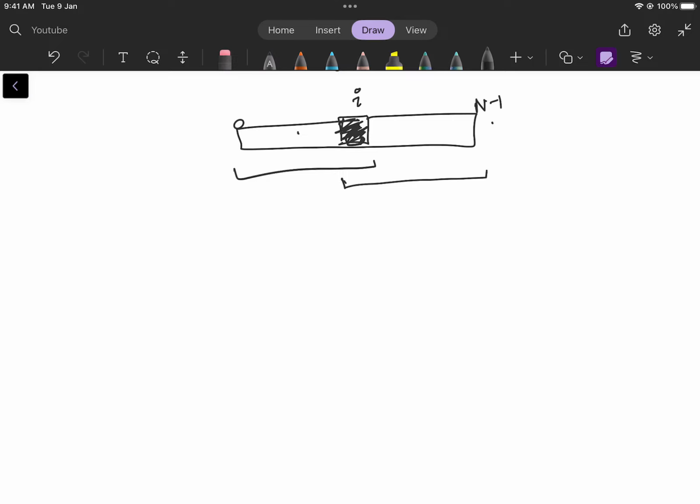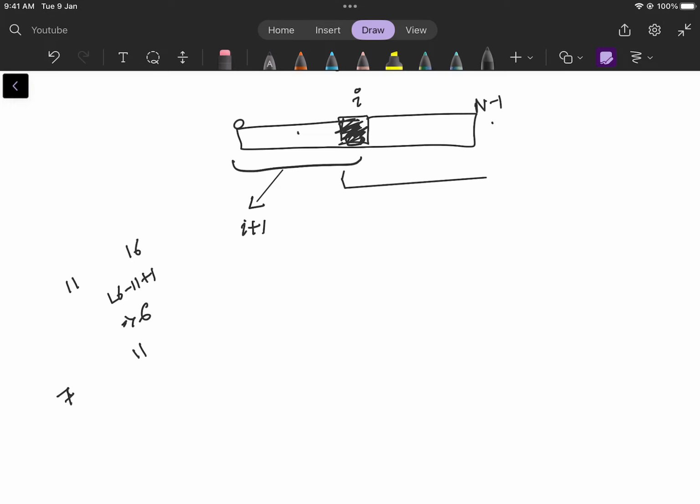So the number of sub-arrays from 0 to i, like I told you, is i plus 1. How? If you want to find the number of elements between 11 and 16, it will be 16 minus 11 plus 1, that is 6 elements. Similarly, to find how many elements between the 7th and 11th index, you can find 11 minus 7 plus 1.